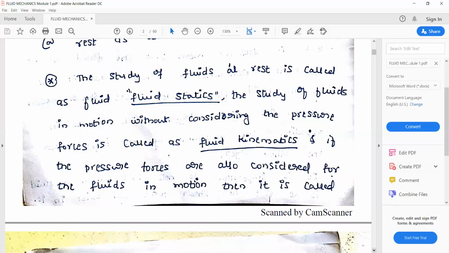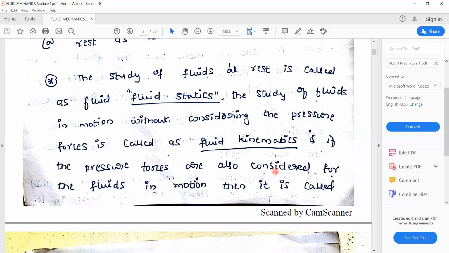That means there is a pressure difference, and because of that pressure difference there is a movement of the fluid, right? If the pressure forces are also considered for the fluids in motion, then that is called fluid dynamics.